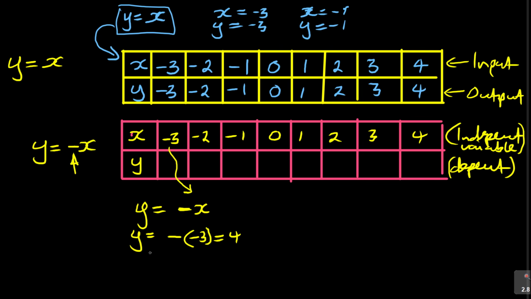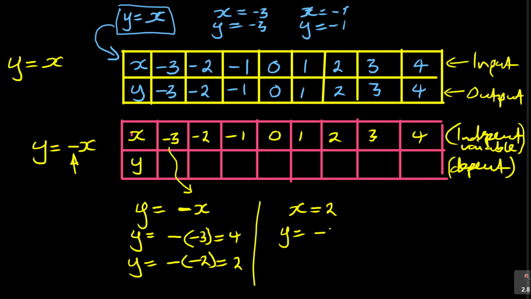You can do the same thing with -2. Minus multiplying a minus gives you a positive, then you get a 2. But look at this one. When x is equal to, for example, 2, you are going to say y is equal to -x, but x is 2, so y is equal to -2.